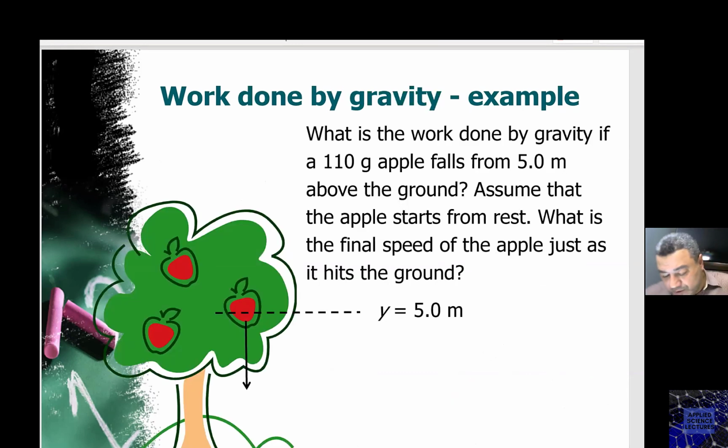Okay, so the last example in this lecture will be the work done by gravity. In this case, we have an apple that has fallen from rest with a mass of 110 grams for a distance of 5 meters. What is the final speed of the apple just as it hits the ground?